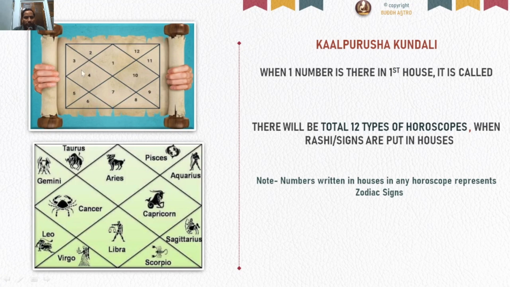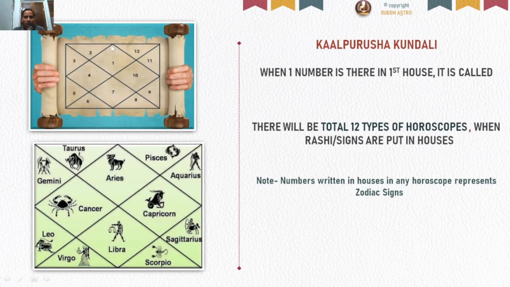Third means Gemini sign. So when one is written in the first house, two in the second house, three in the third house, and a horoscope is made, this horoscope is known as Kalpurusha Kundli.